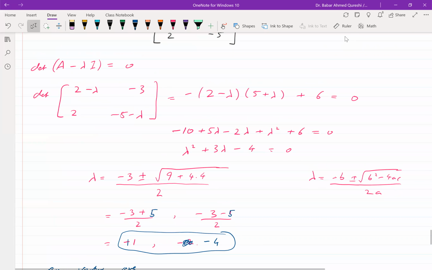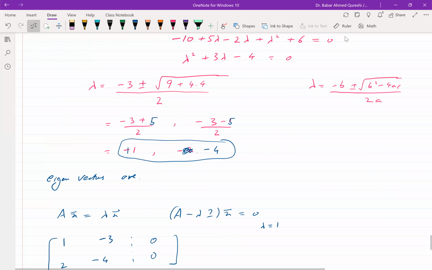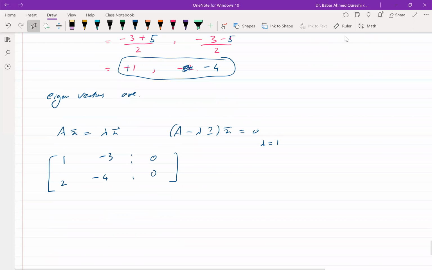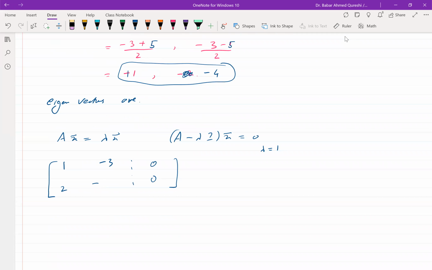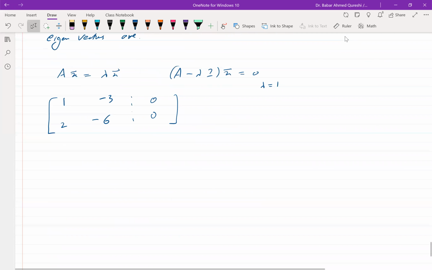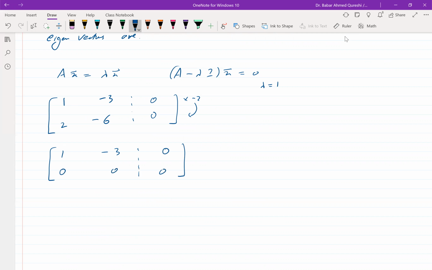And then I have minus 5, minus 1, which gives me a minus 6. Now, to bring this to echelon form, I multiply this by minus 2 and add over here. So I get 0, 0, 0.